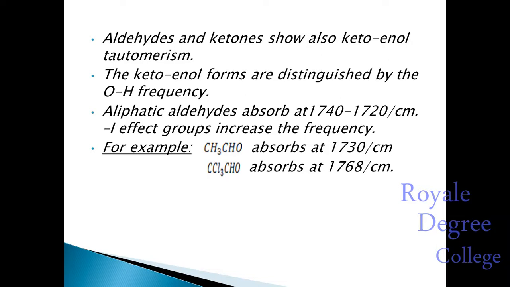Aliphatic aldehydes absorb at 1740 to 1720 per centimeter. Negative inductive effect groups increase the frequency. Here you can see the example. Acetaldehyde absorbs at 1730 per centimeter and trichloroacetaldehyde absorbs at 1768 per centimeter.